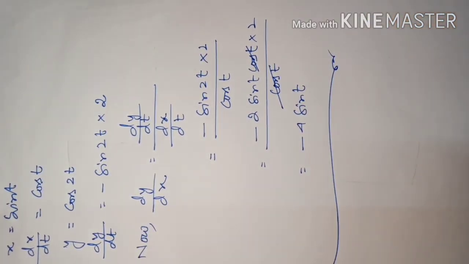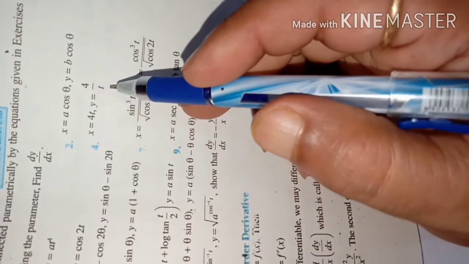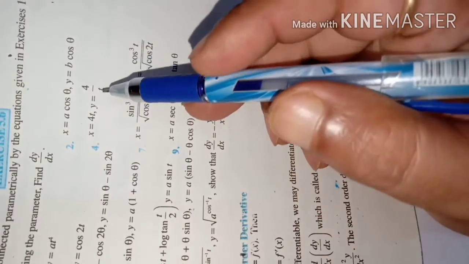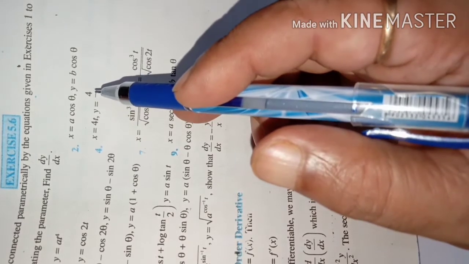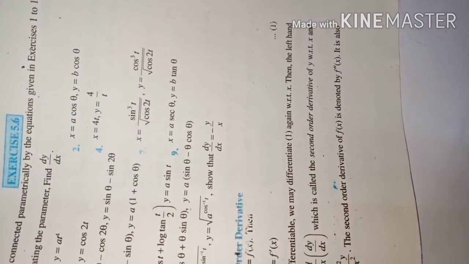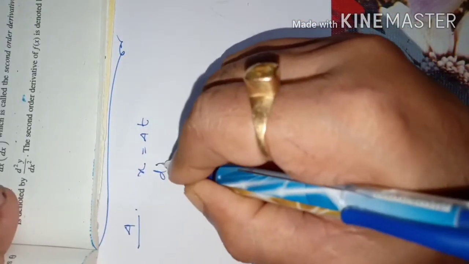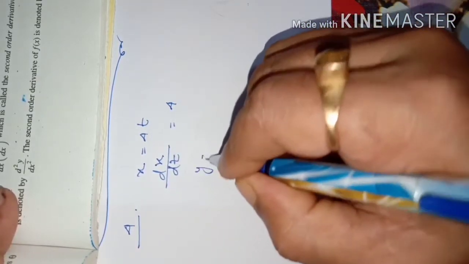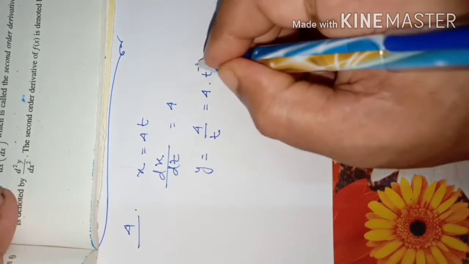No, students? Question number 4, you see, x equal to 4t, y equal to 4 by t. Then here dx by dt will be 4. Let us write x is equal to 4t, and from here dx by dt equal to 4, then y is equal to 4 by t. 4 by t can also be written as 4 into t to the power of minus 1.